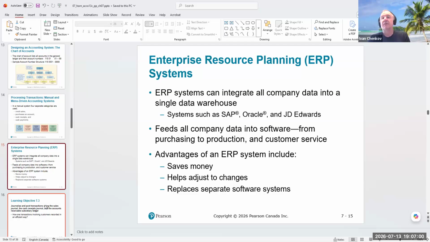For example, that enterprise resource planning system is not internally developed by the company, but is purchased from a third party, and that third party is going to have control over everything that you want to achieve. That's the downside when you have this system. Yes, it's very powerful. Yes, it collects all the information. Yes, it gives you flexibility, helps you to adjust to the changes. Yes, it replaces all the softwares, but then you become dependent.